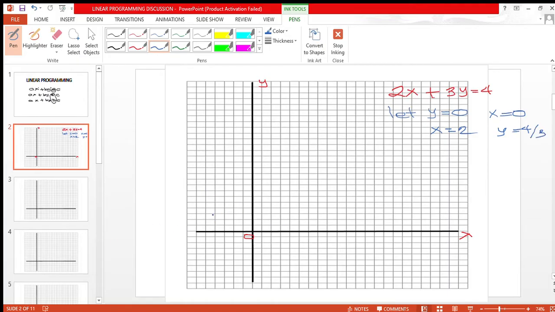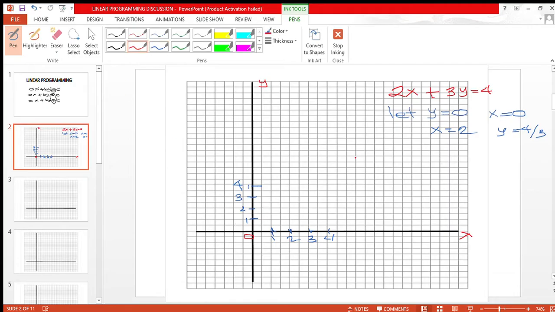So, if we will now plot those points on our Cartesian plane, let's say I'll use this as 1 unit, that's 2 units, 3, and so on. Similarly here, 1, 2, 3, and then 4. Now, let's plot those points.